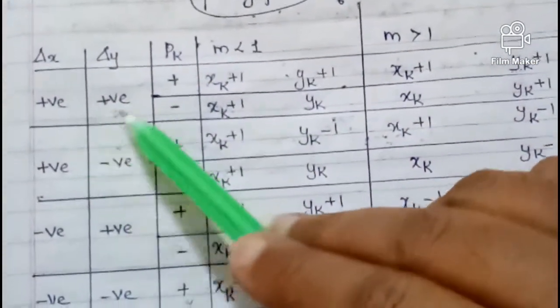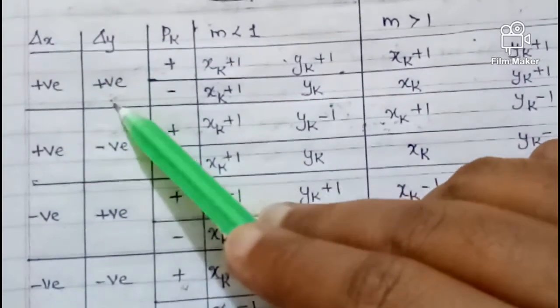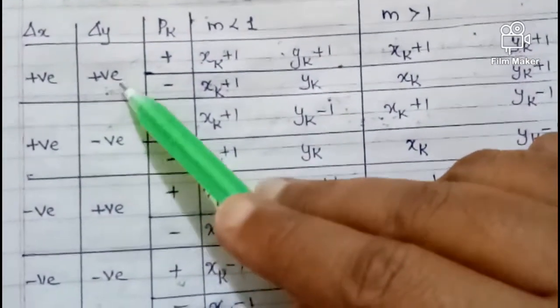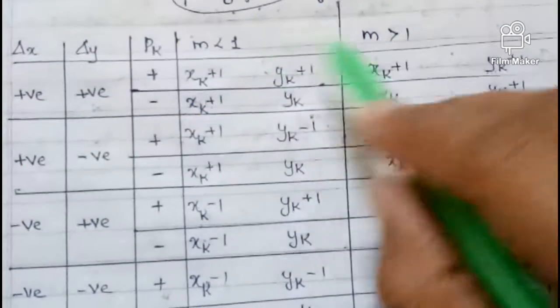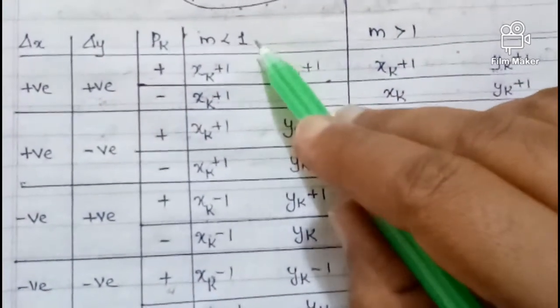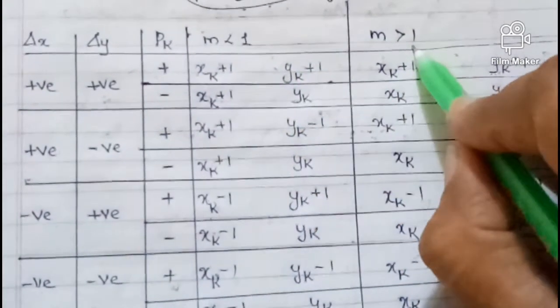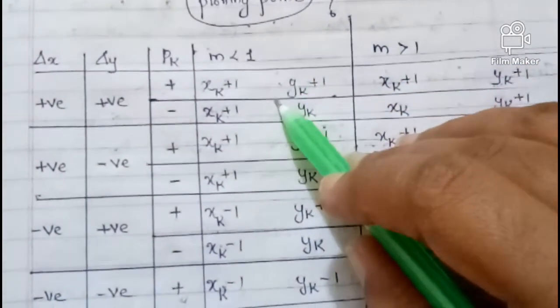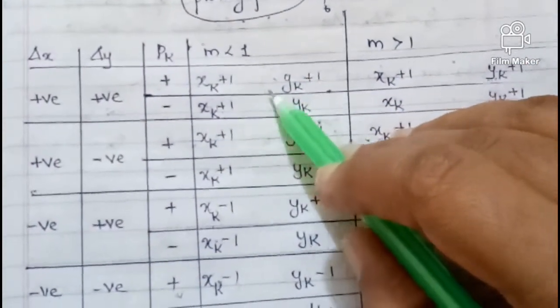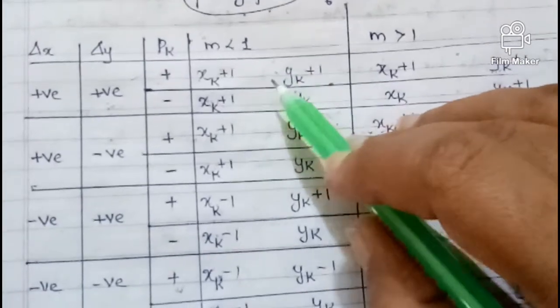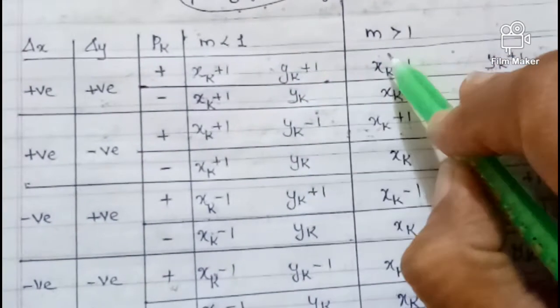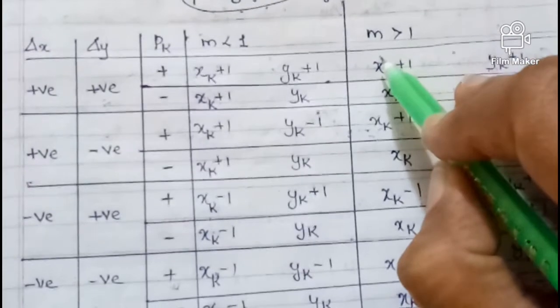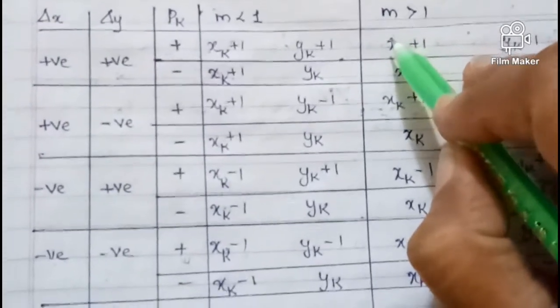We will first consider case 1, where both delta x and delta y are positive. There are two cases: one is m less than 1, the second is m greater than 1. Plotting points will be different in both these cases. Let us check how.